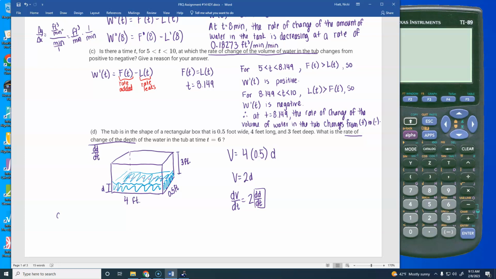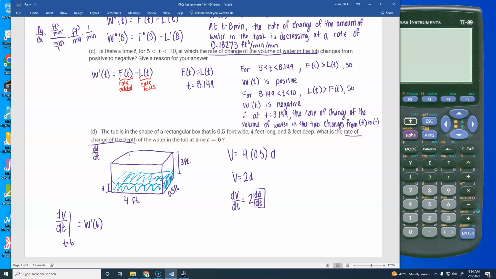What is dV/dt whenever t equals 6? How would I find that? It is W prime of 6, right? Because that's the rate of change of the volume of water.